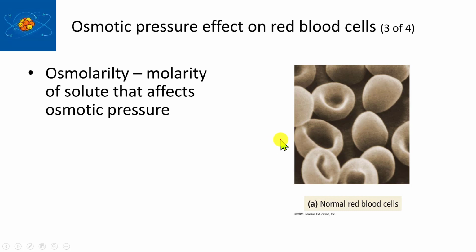Now, if you make it isoosmotic, that just means it has the same osmotic pressure. But if you take a solution of glucose, and remember, glucose, if you've had biology, is the food of the cell, then all the glucose goes inside the cell. Glucose solutions behave like pure water to the cell.